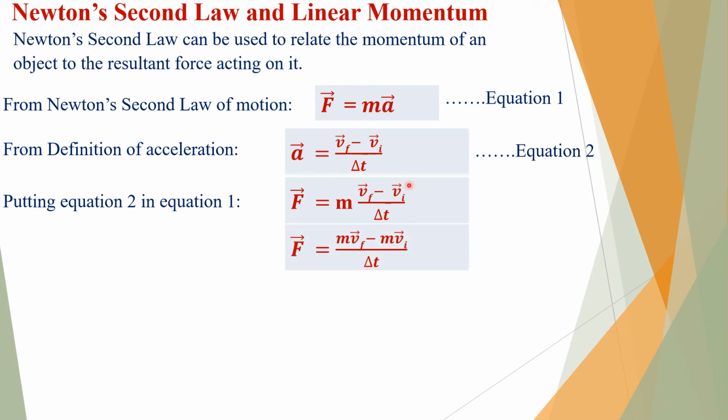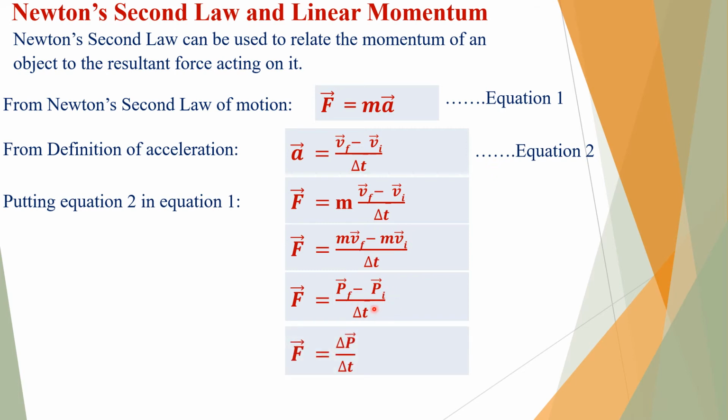Multiplying m with the whole term Vf minus Vi, we get F is equal to m Vf minus m Vi divided by delta t. Mass into velocity is momentum, so we can write m Vf as Pf, the final momentum, and m Vi as Pi, the initial momentum.